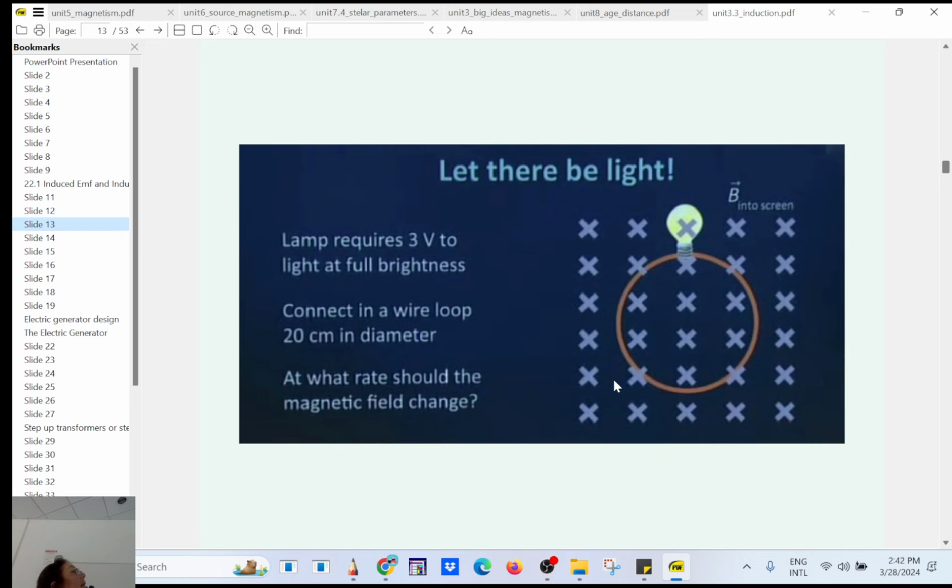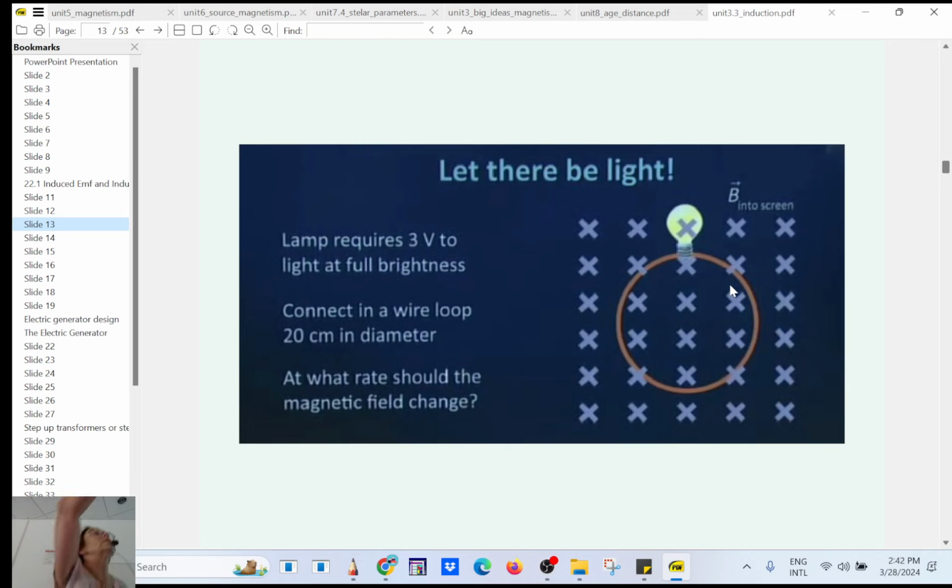Okay, so the magnetic field is where? In the screen or towards you? In the screen. Okay. And then it's going to change with time. So it's going to be weaker, stronger, weaker, stronger. So that means the lines poking through this area are going to change with time.